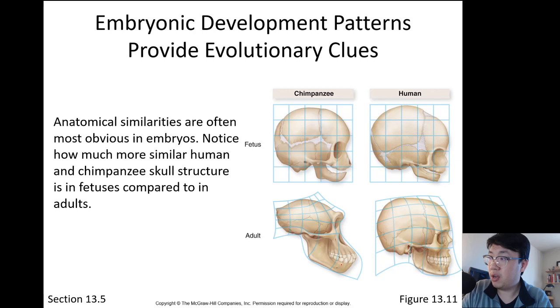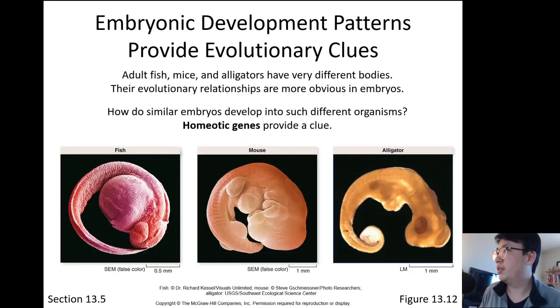You can see the jawline of a chimpanzee is much more pronounced, much stronger, as well as the size of the cranium or the size of the skull. You can tell that we've evolved to use more of our brain, whereas the chimpanzee's skull is much smaller. Okay, that's how we're different.